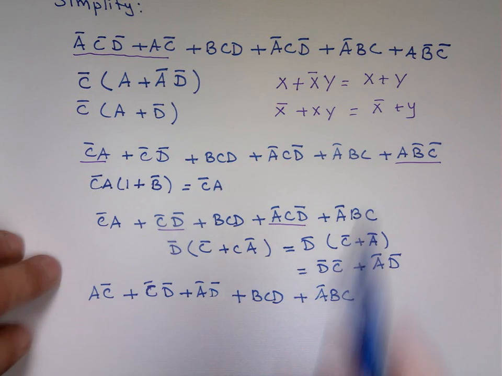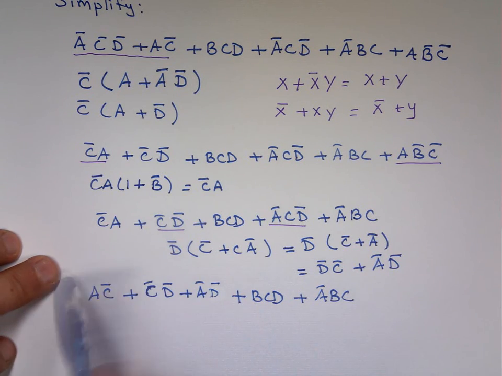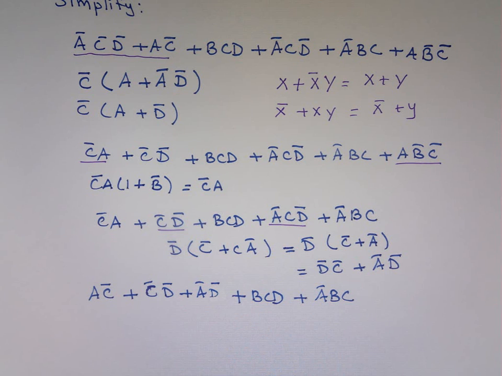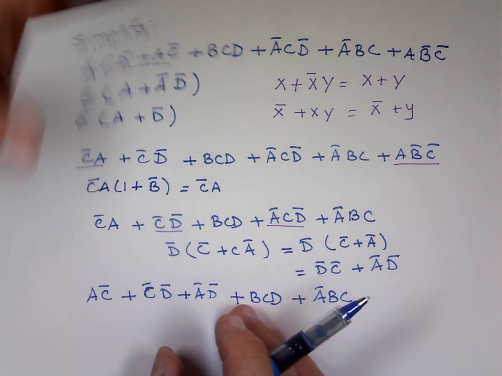It went from 6 3-input OR gates to 5 of them, and 3 of them are 2 inputs. Maybe I can sneak in one more, I don't know. Oh, that does not look pretty.